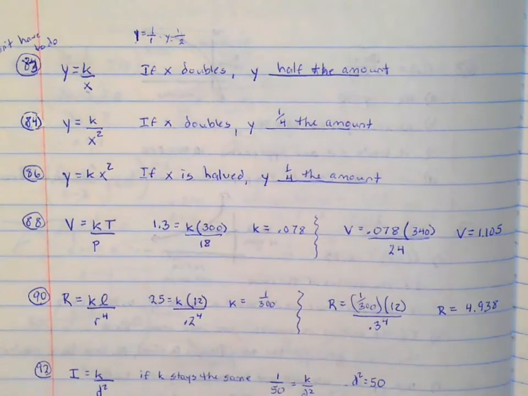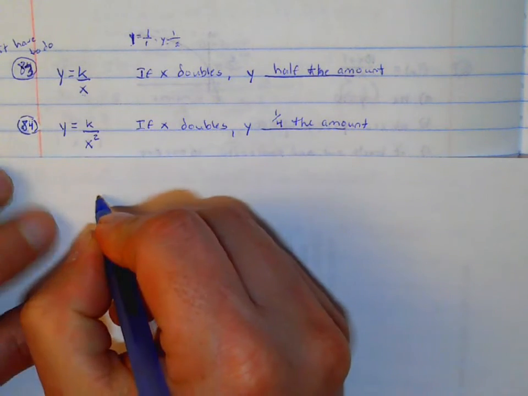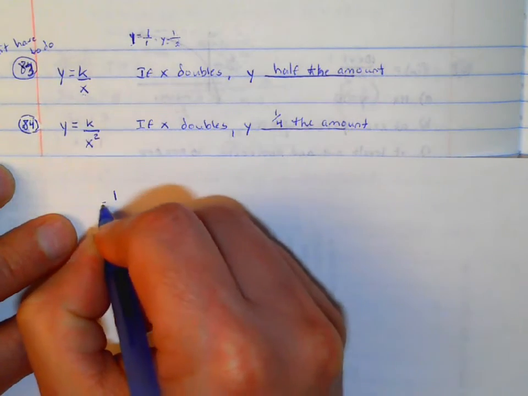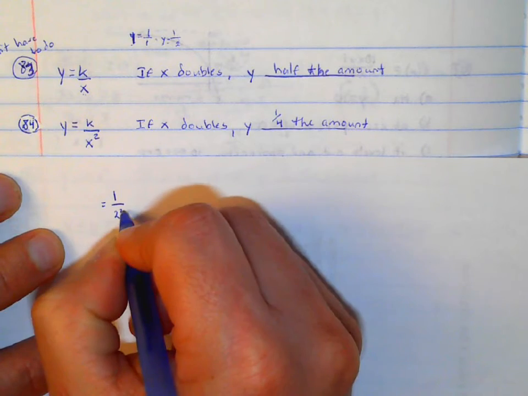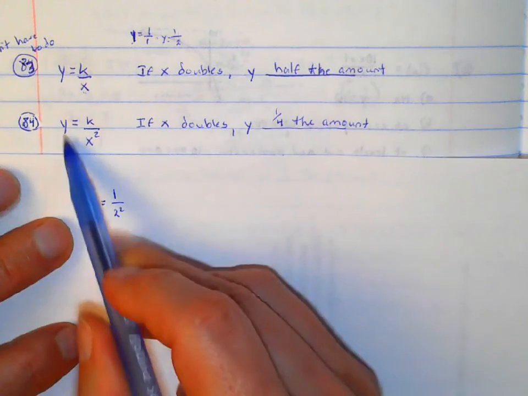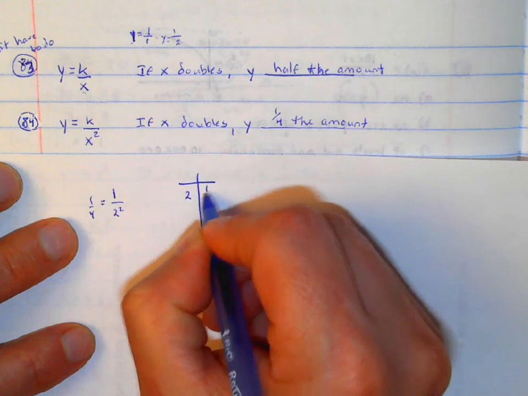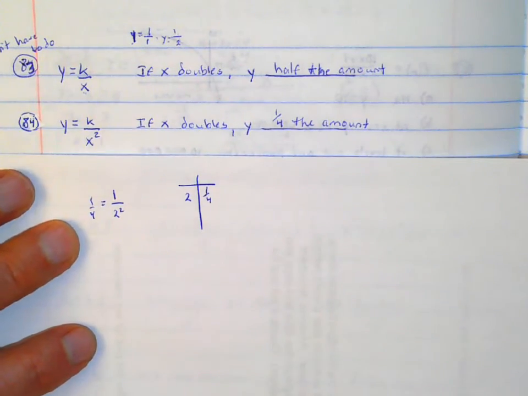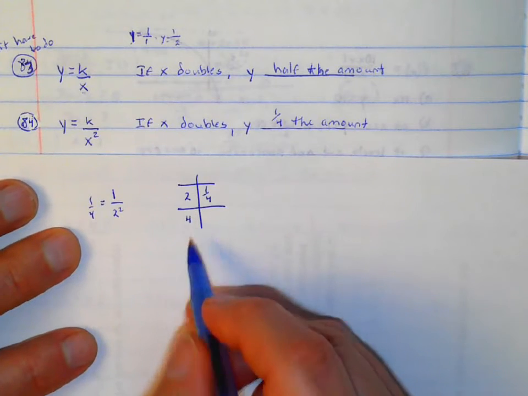One thing you could do here is just take some numbers and plug them in. So let's say that our k is a 1, it's easy to do. Let's say x is a 2. So my y would be 1/4, right? So when my x is a 2, my y is a 1/4. Now, if x doubles, let's say we double it and make it 4.